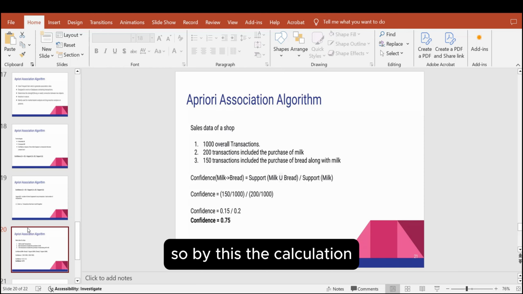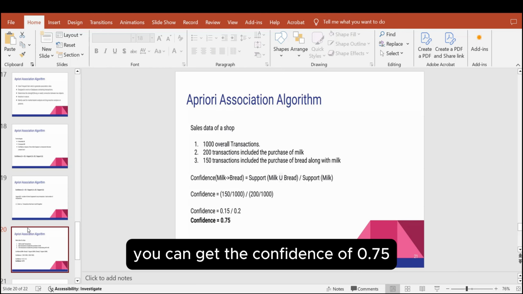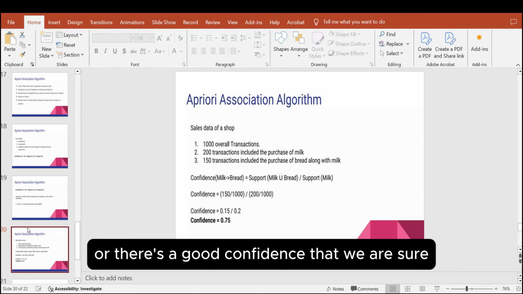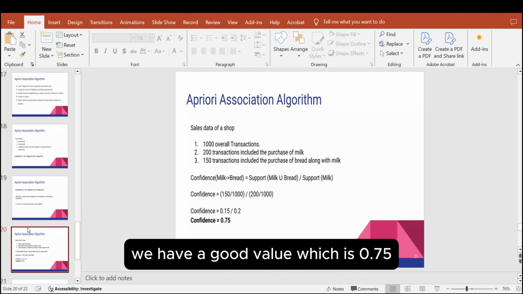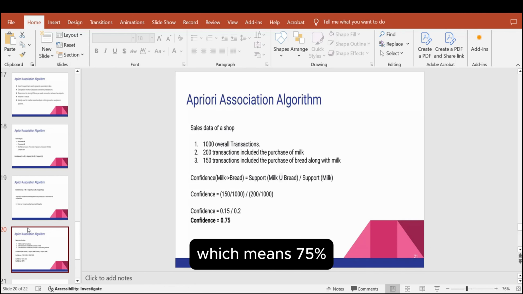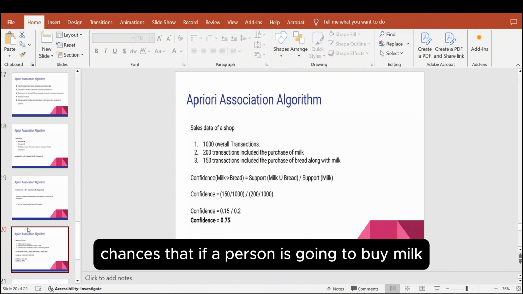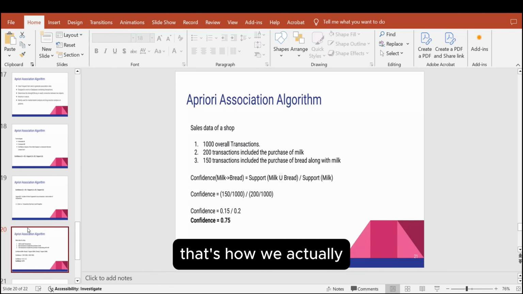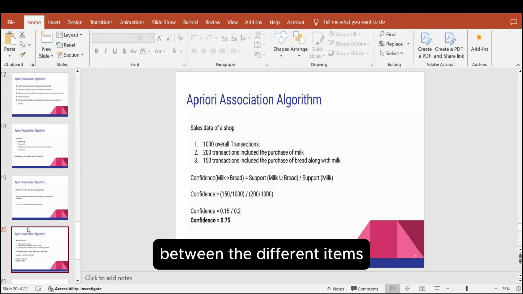By the calculation, you get a confidence of 0.75, which means there's a good confidence, 75% chances that if a person buys milk, he is also going to buy bread. That's how we do the association between different items.